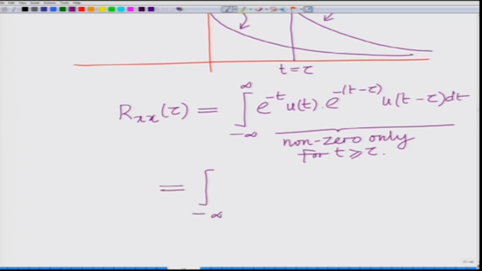I can simplify this as the integral from tau to infinity of e to the power of minus a t times e to the power of minus a (t minus tau) dt, since the product is non-zero only for t greater than or equal to tau.